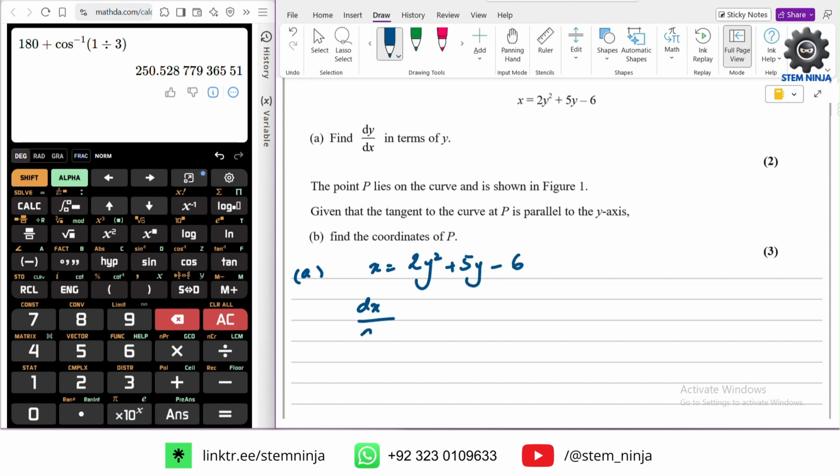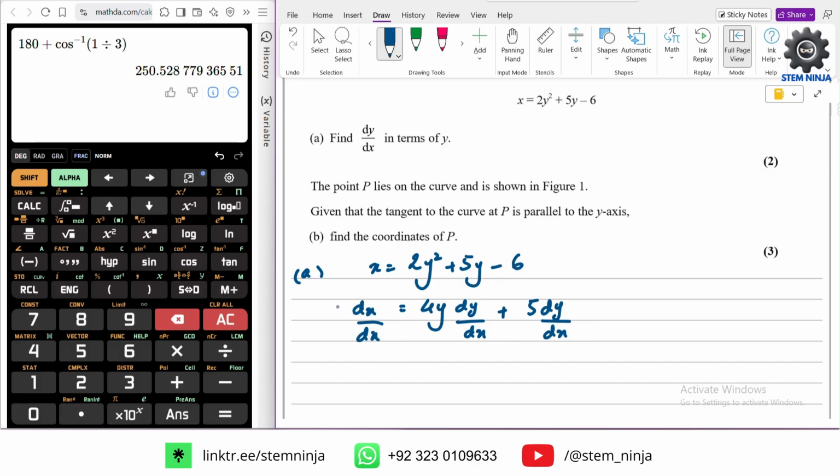So dx over dy will be equal to 4y dy by dx, sorry, dx over dx. I just forgot about that. Plus 5 dy by dx, and 6 would be 0, obviously.